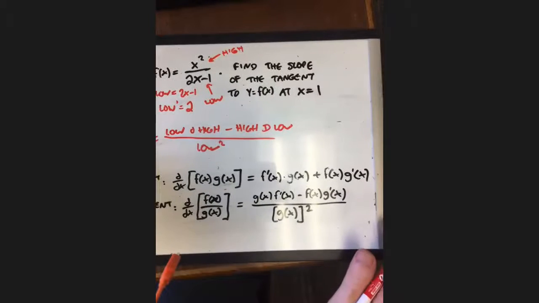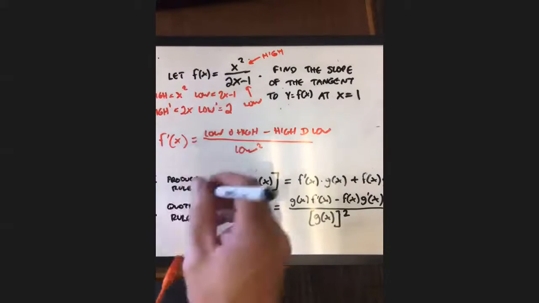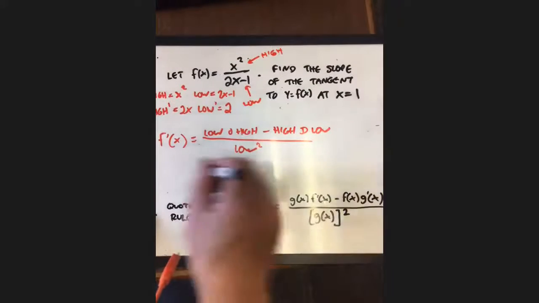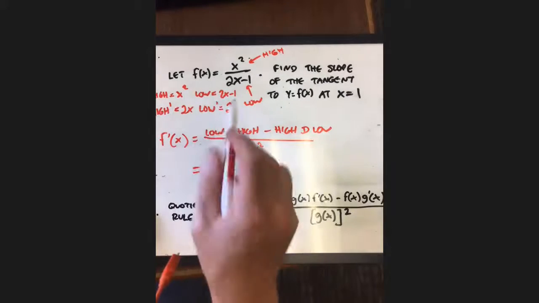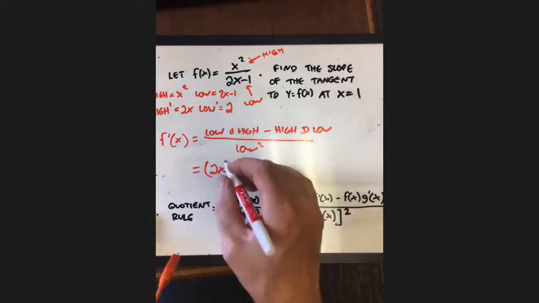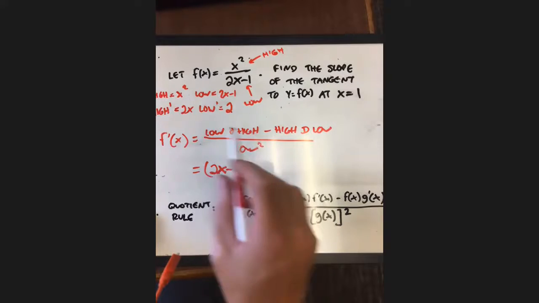Okay. Well, with those pieces, low is 2x minus 1, so 2x minus 1. Careful with the parentheses there, we want the entire function multiplied. So low d high, what's d high?